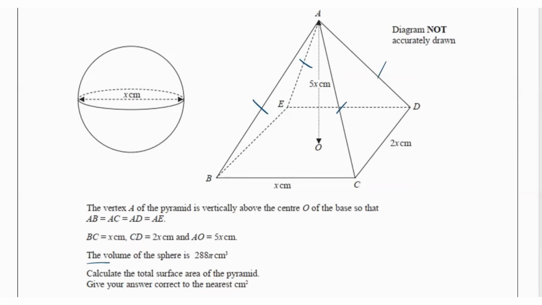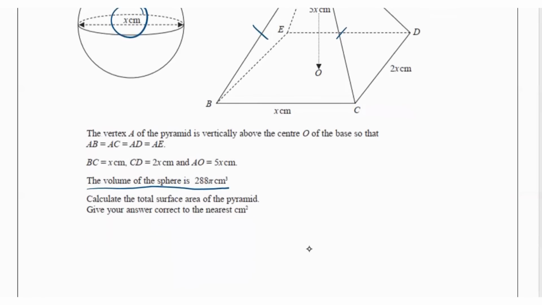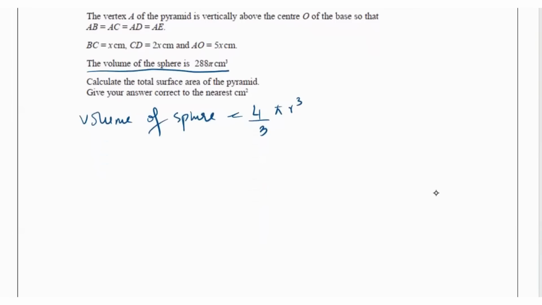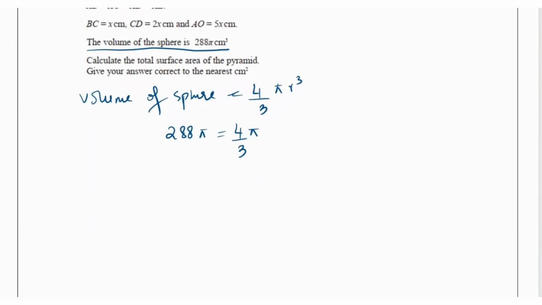So using the volume of the sphere, we can find what x is, because that's the only unknown. Volume of sphere is 4 over 3 pi r cubed. So 288 pi is 4 over 3 pi times x over 2 cubed.